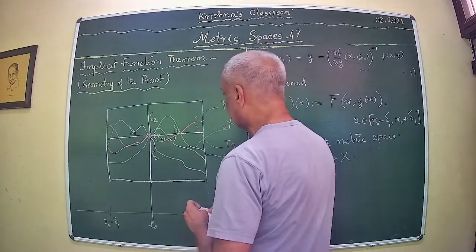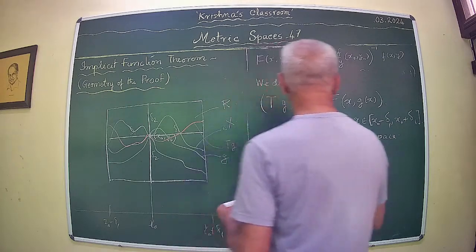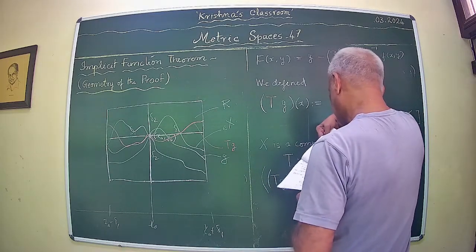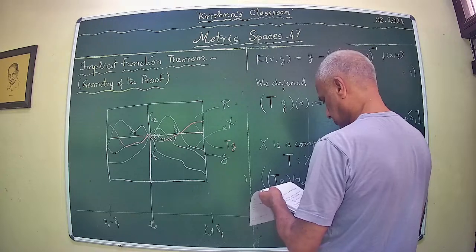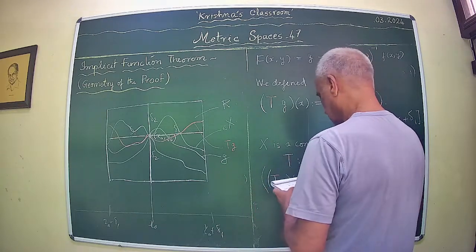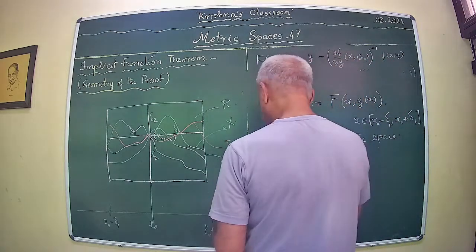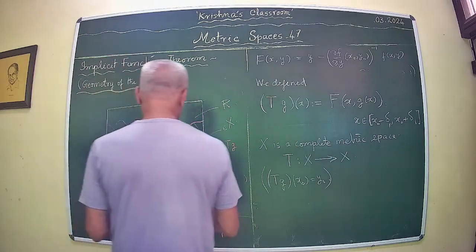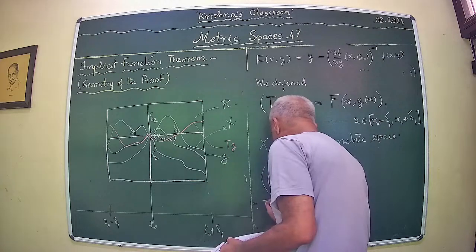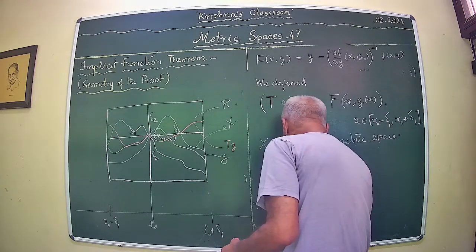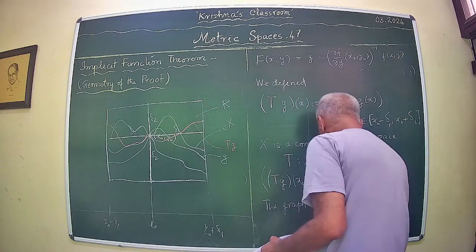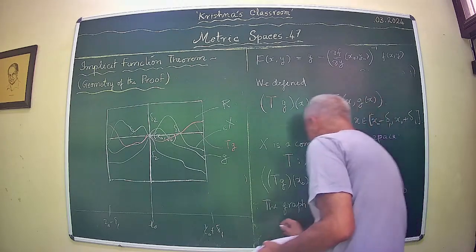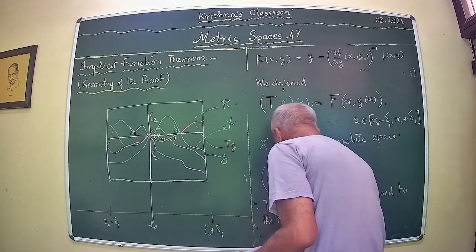Now also, because of the second condition that we have put, namely that the modulus of g(x) minus y naught is less than or equal to delta 2, the graph of the function is confined to the rectangle.